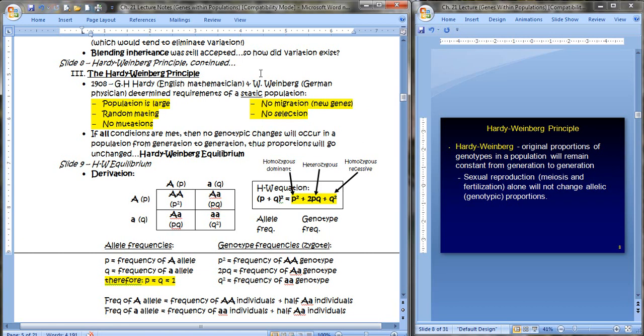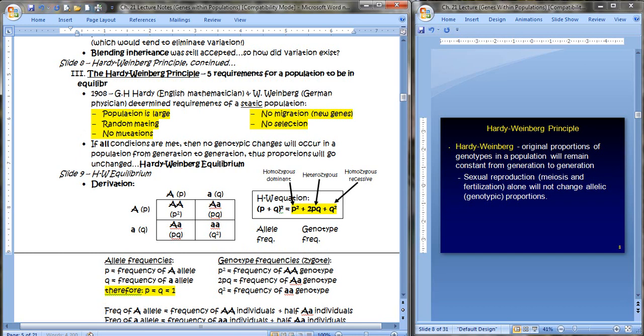So what we'll take a look at here are the 5 requirements for a population to be in equilibrium. And in short, these are the 5 requirements. A population must be large, no genetic drift, which we'll talk about.